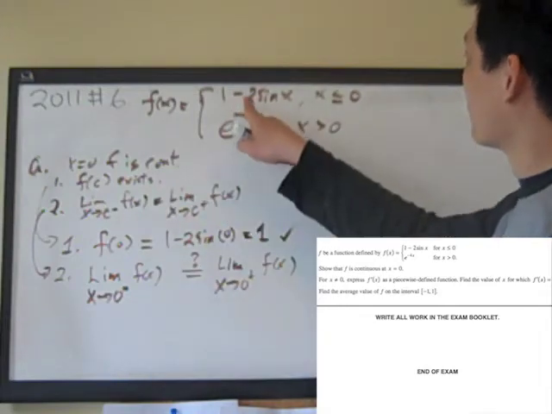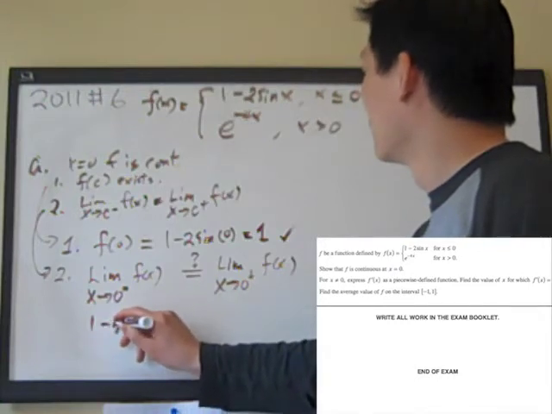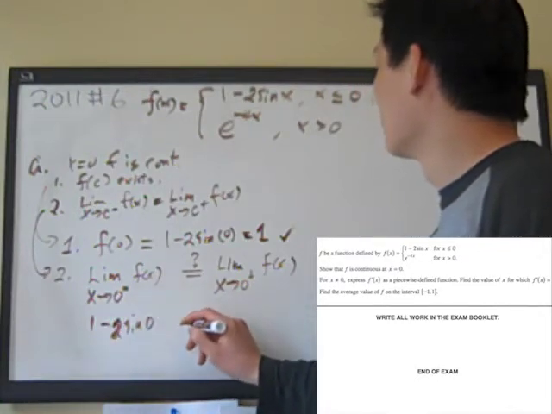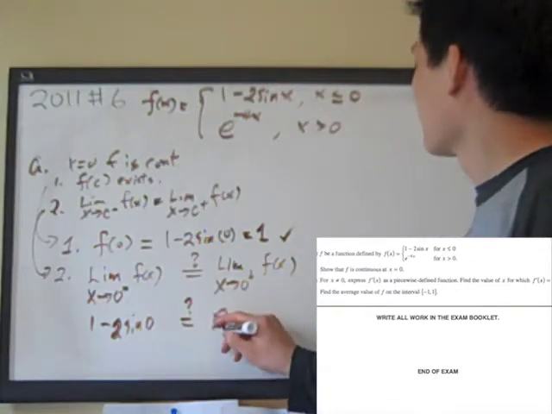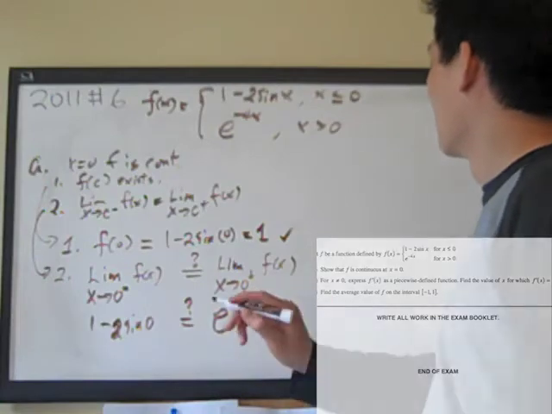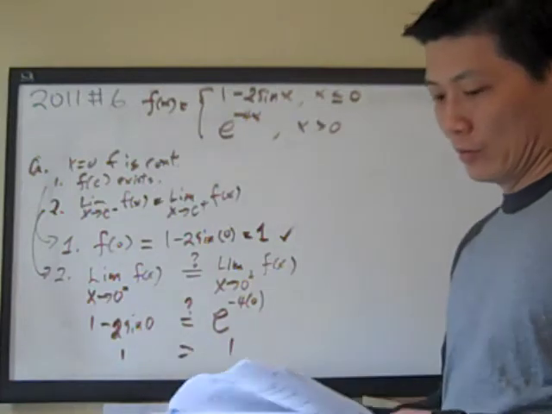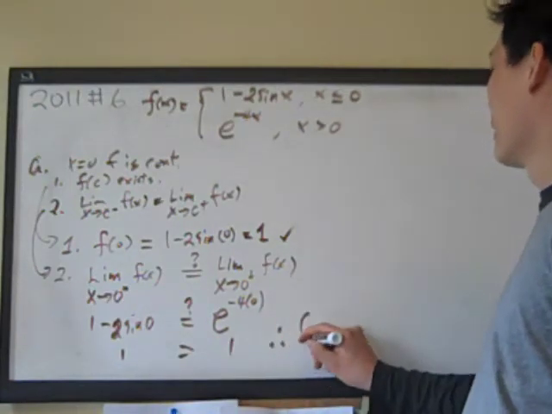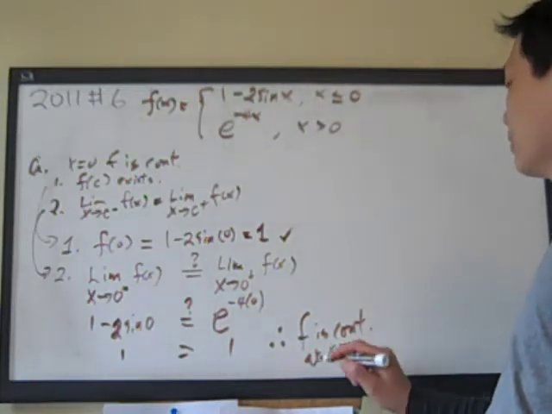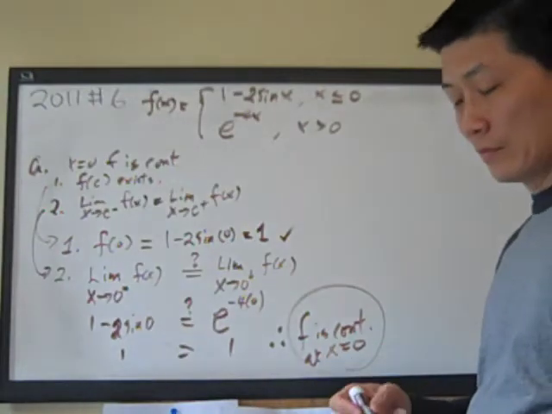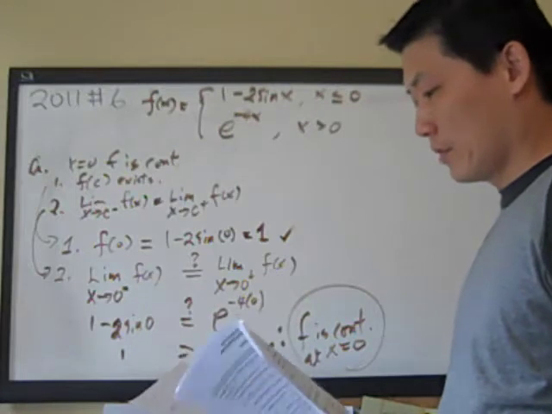For the left we use 1 minus 2 sine 0, and for the right, e to the negative 4 times 0. It turns out this is 1 and this is 1, so they're equal to each other, and therefore we can say f is continuous at x equal to 0. Done, that's part A.